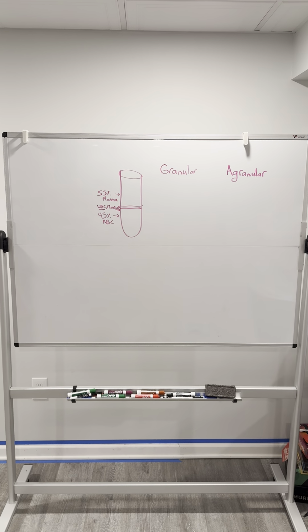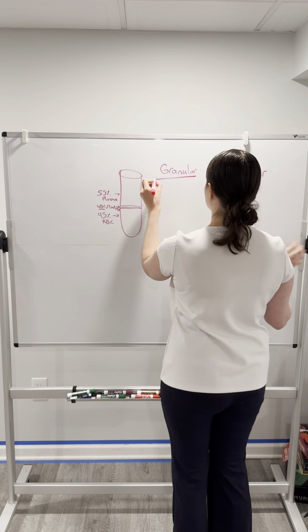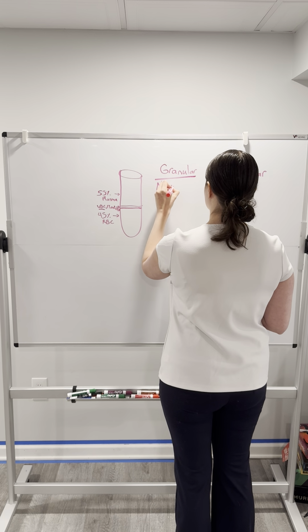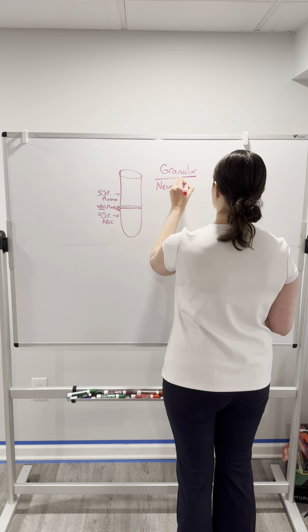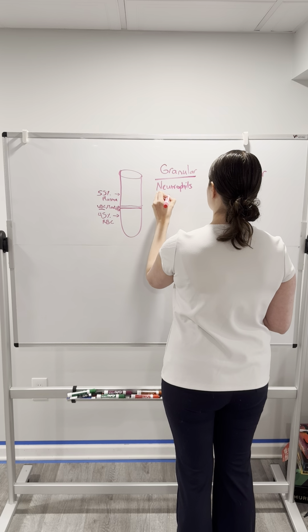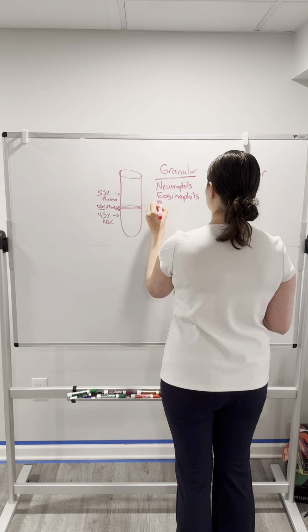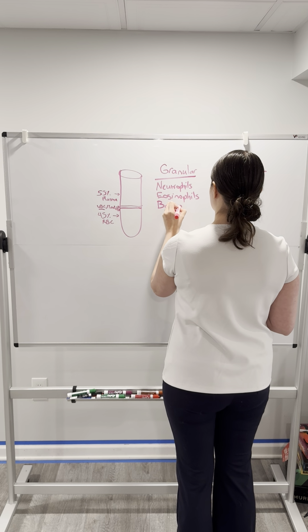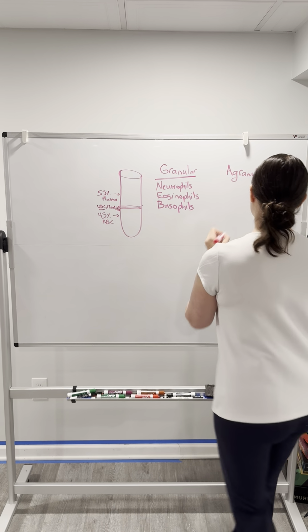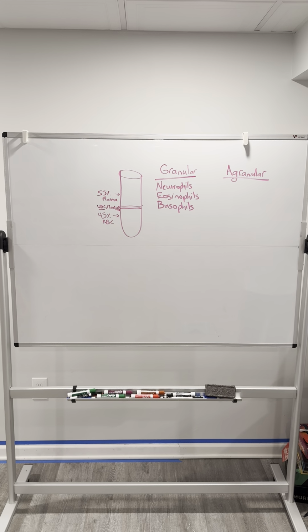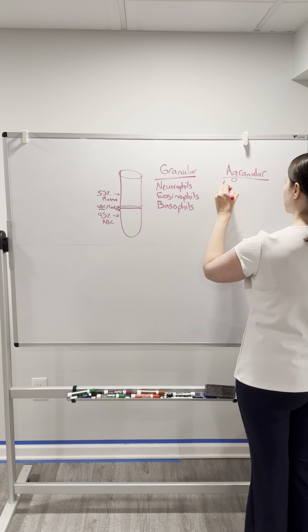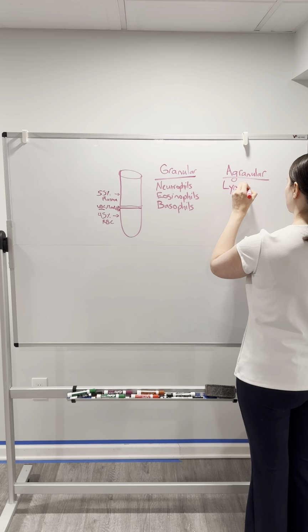Our granular leukocytes are neutrophils, eosinophils, and basophils. Our agranular leukocytes, so they do not contain any granules, are lymphocytes and monocytes.